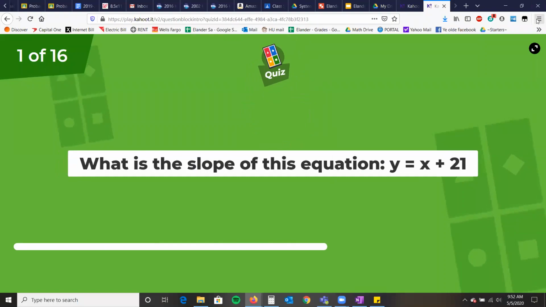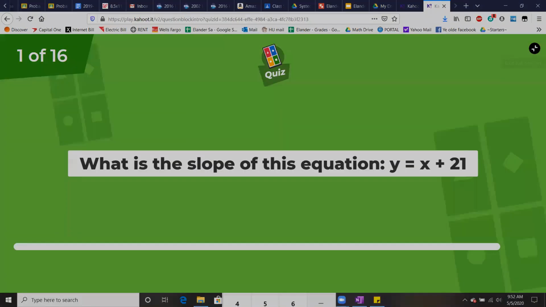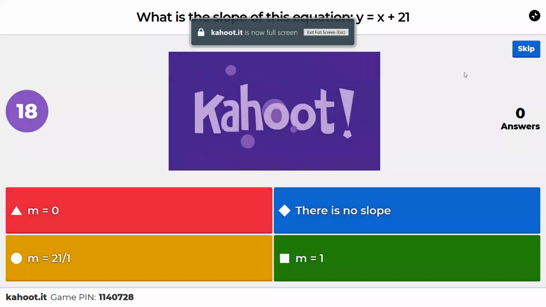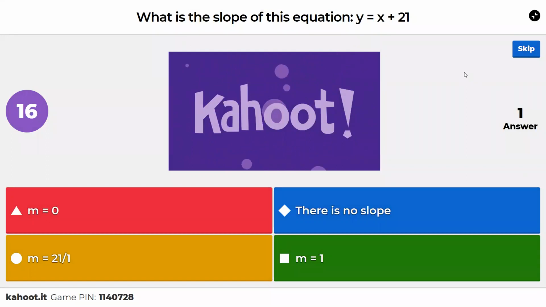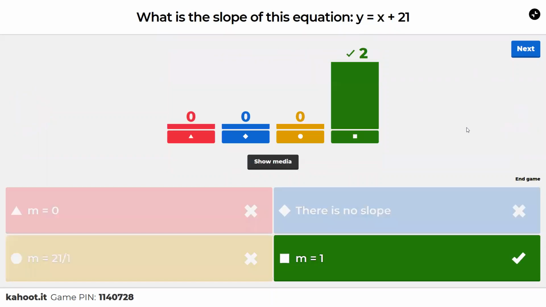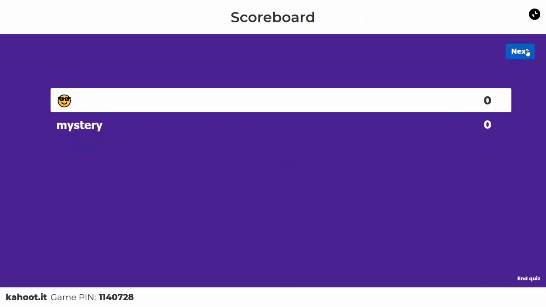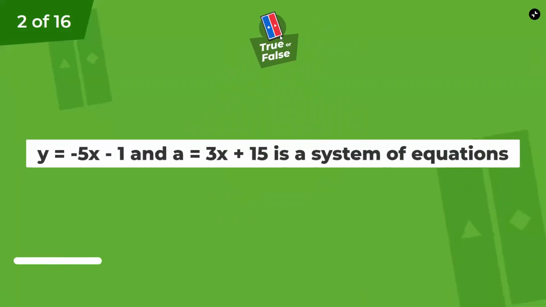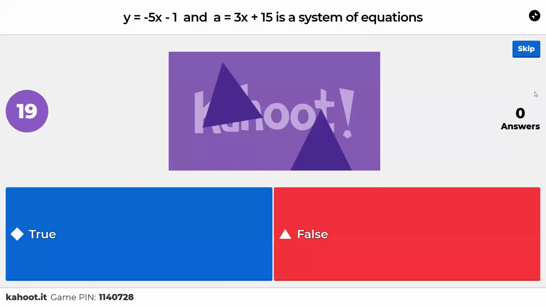Question number 1. What is the slope of this equation? Y equals x plus 21. All right, nicely done. All right. 2 equations.